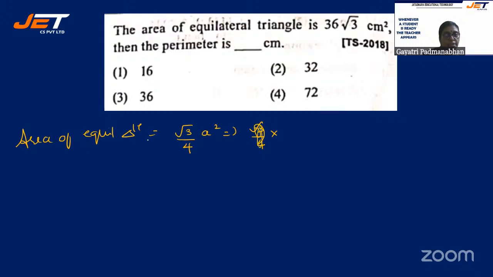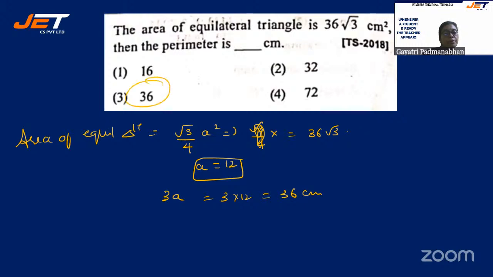So here they say that area of equilateral triangle is equal to, we say 36 root 3. Okay. So when you solve this, you will get A is equal to 12. And now they're asking the perimeter. So perimeter of the equilateral triangle is 3A, which is 3 into 12, 36 centimeter. Okay. So hope you would have understood.